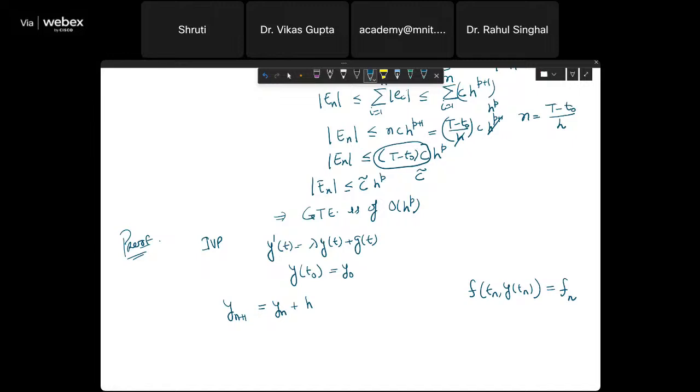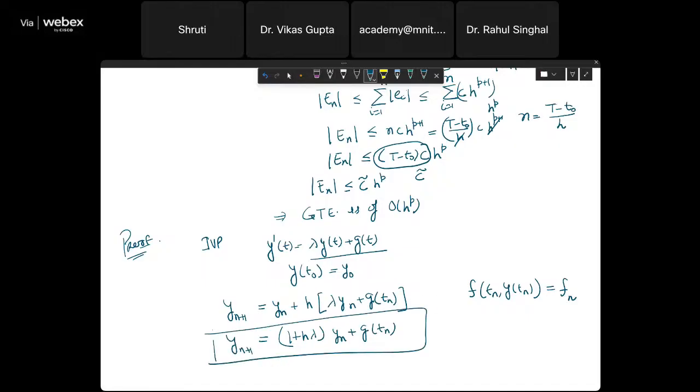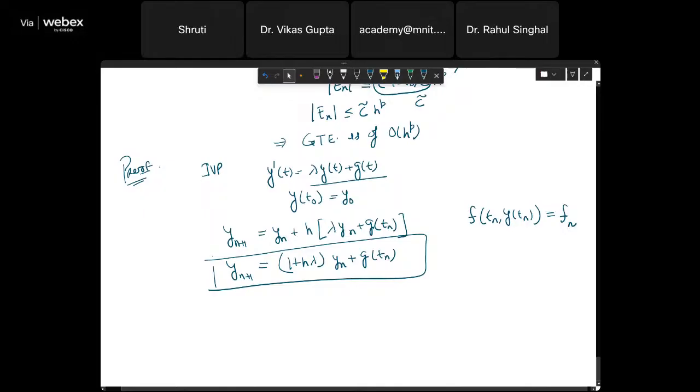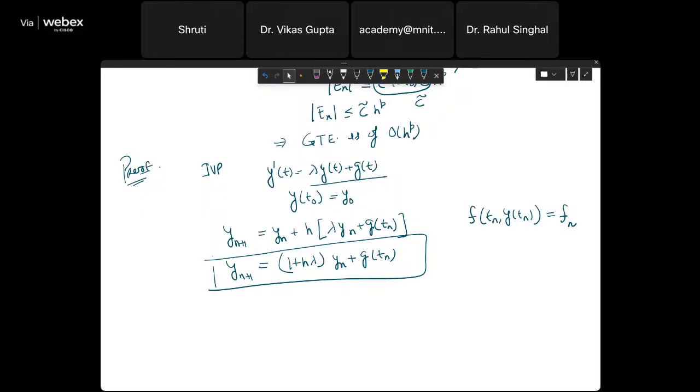F is the function lambda y plus g, so we use it and it gives lambda yn plus g at tn. Now rewriting it we get this expression for finding the approximate solution at the n plus 1th step.